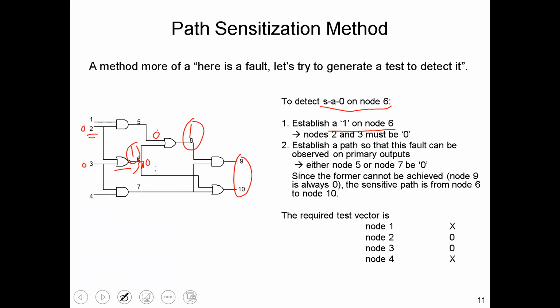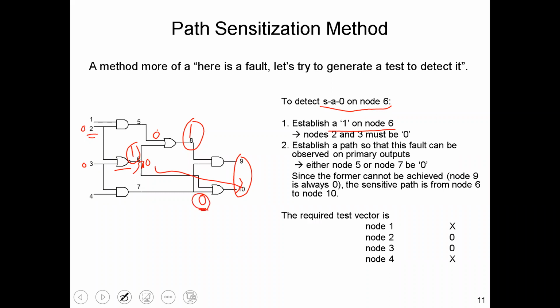So we try to pass this node 6 signal to primary output node 10. To pass that, we should set the other input of the 2 input OR gate here as 0 in order to pass the node 6 signal to output node 10.